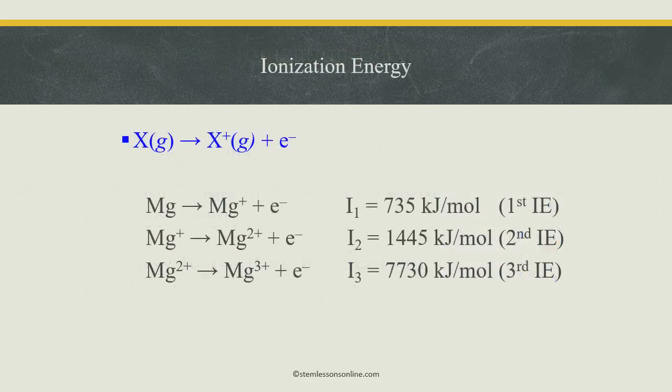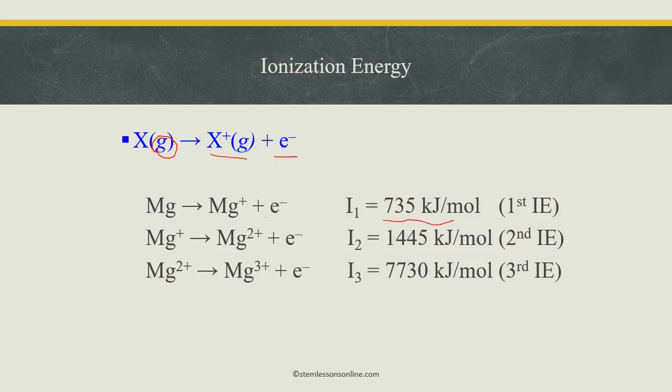So the general equation is X gaseous state changing to X positive ion by removing one electron. Specifically, magnesium changing to magnesium positive ion by removing one electron, the ionization energy is 735 kilojoules per mole.